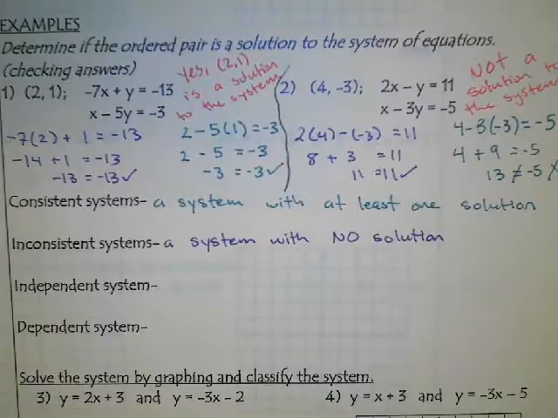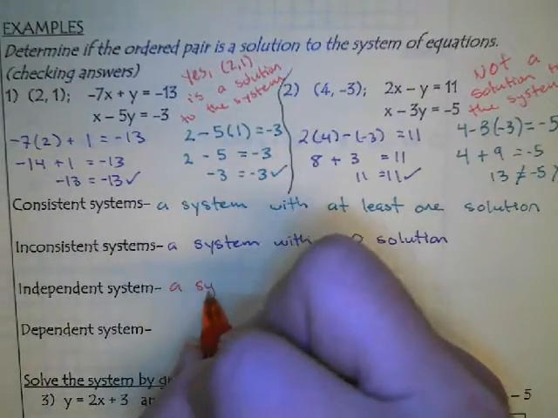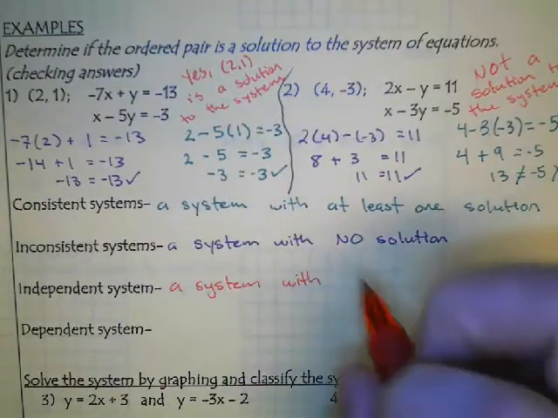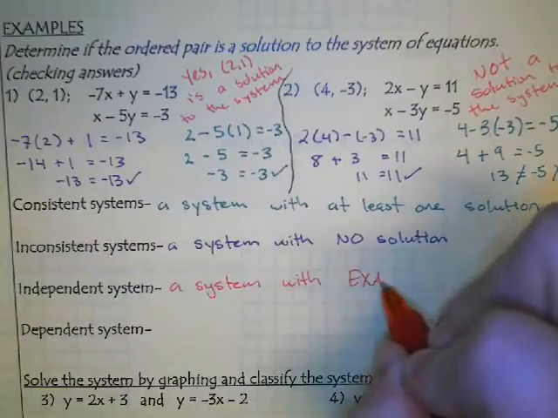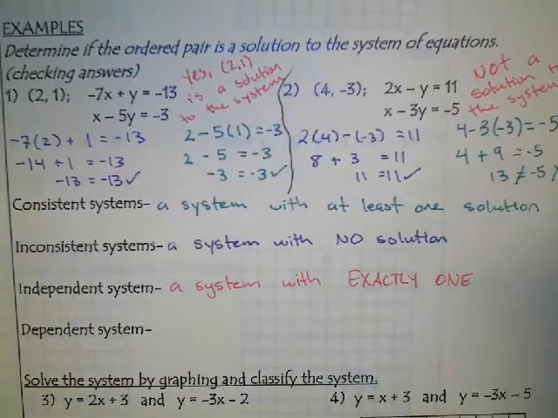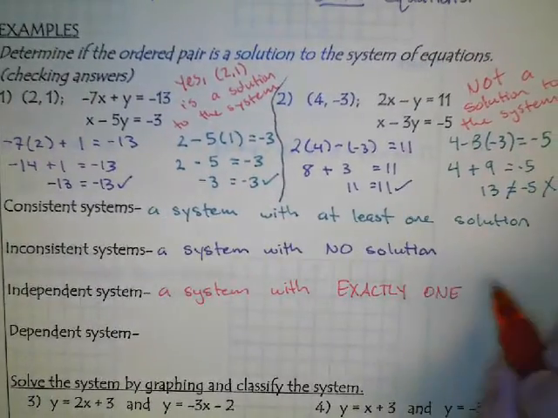So an independent system is a system with exactly one solution.